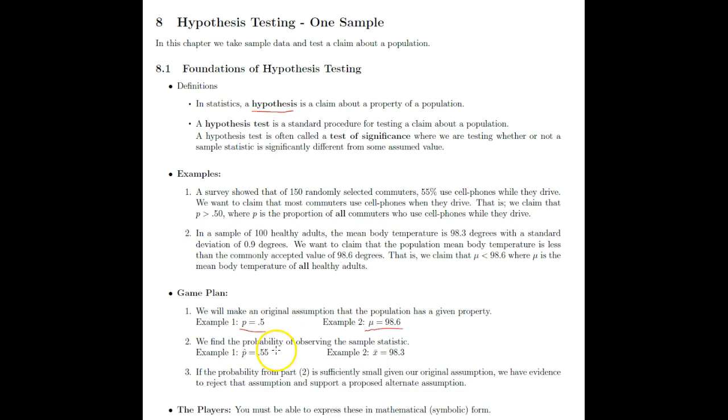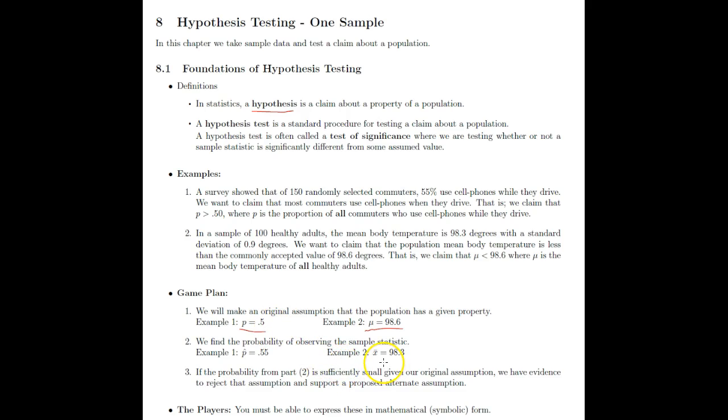So we're going to make this original assumption. And then the second part is we're going to find the probability of getting the sample statistic that we got under that first assumption that we made. So for example 1, we would find the probability of getting a p hat of 0.55 if the true population proportion really was 0.5.